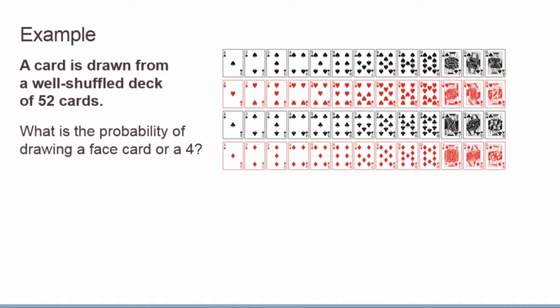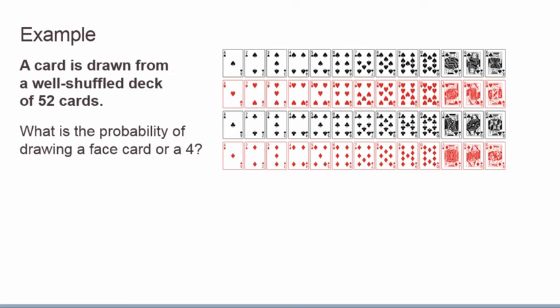And those cards are black. Next, I have a line of red cards, Ace through King, but this time the suit is hearts. Then I have Ace through King, clubs, which is black. Then I have Ace through King of diamonds, which is red. And that makes a deck of 52 cards with 4 suits.